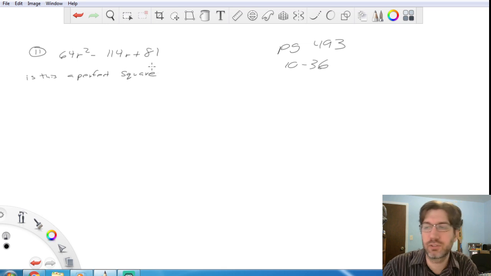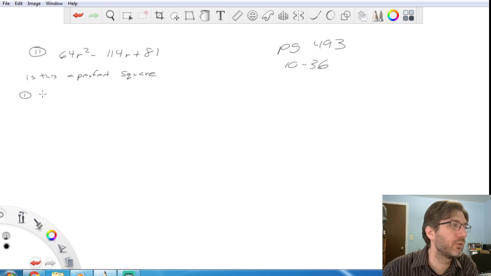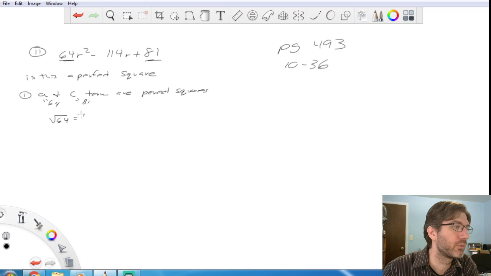Before you can do anything, you've got to make sure it's a perfect square, and that needs to fit two criteria. One, your A and C terms are perfect squares, and in this case we have 64 as A and 81 as C. So the square root of 64 equals plus or minus 8, and the square root of 81 equals plus or minus 9. So it meets this criteria. We're good there.